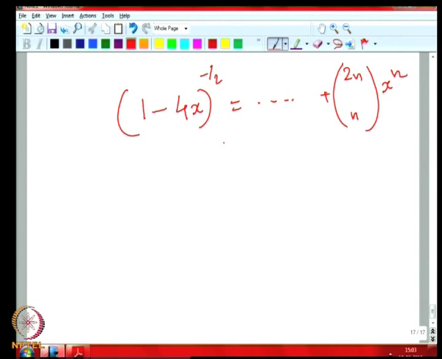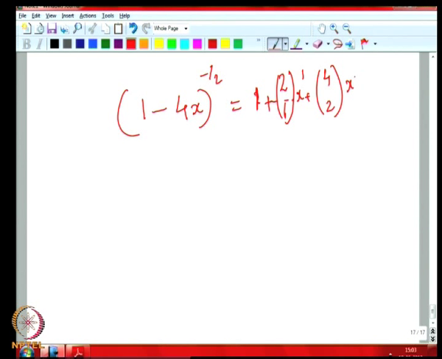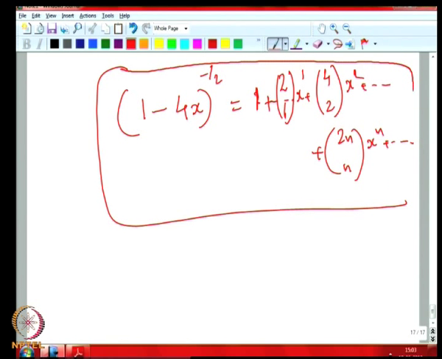You can give values for n, and then for instance when it is 0, that will be just 0 choose 0, that is x to the power 0, this is 1 only. When this is 1, that will be 2 choose 1 x, and then when it is 2, that will become 4 choose 2 x square and so on, right. So, in general it is 2n choose n x to the power n. Understood? This is the formula.